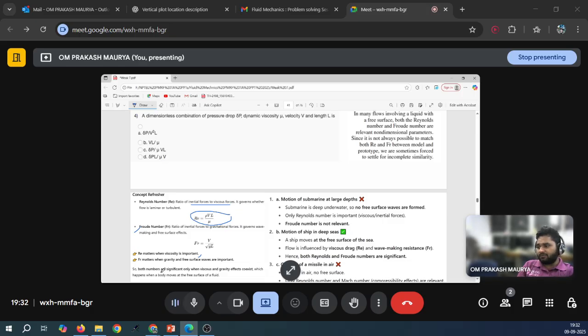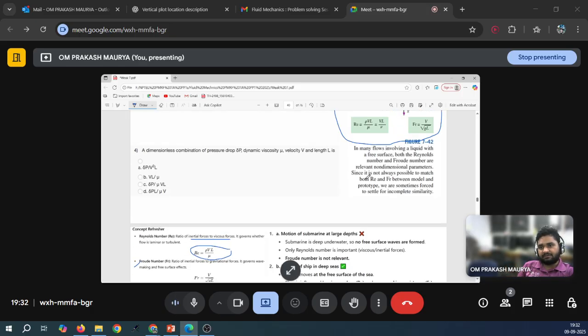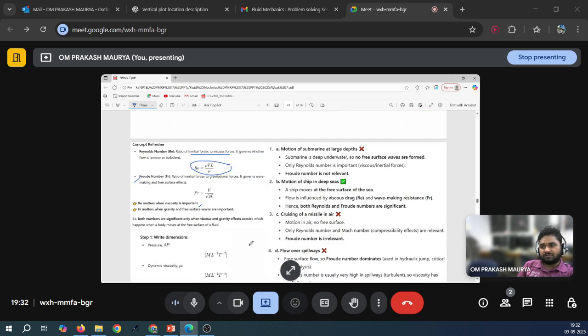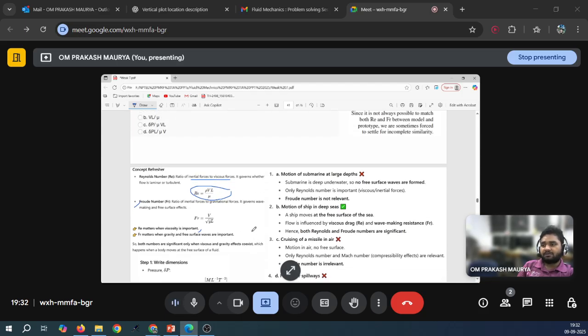This happens when the body moves on the free surface of the fluid. As you can see here, a ship moves at the free surface of the sea, and the flow is influenced by viscous drag and wave making resistance.